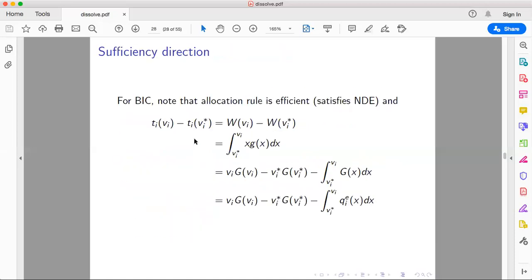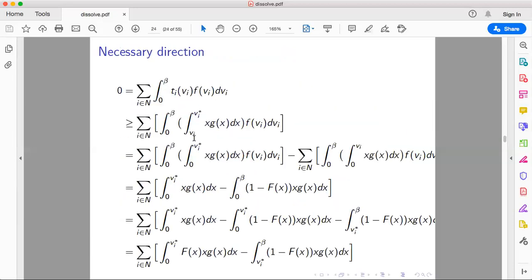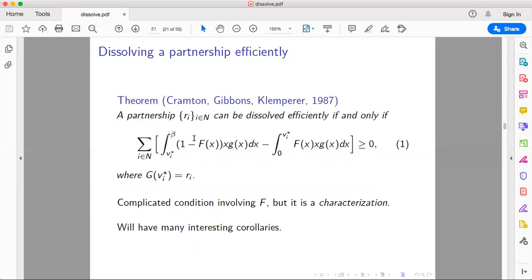To prove that, we have to show that if the partnership is like that, r1 equals 1 and r2 to rn equal 0, then this inequality can never be satisfied. That will mean that it cannot be dissolved efficiently. So we'll show that this expression is always less than 0 for such partnerships. That's what we need to show.